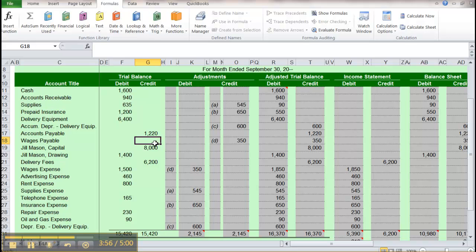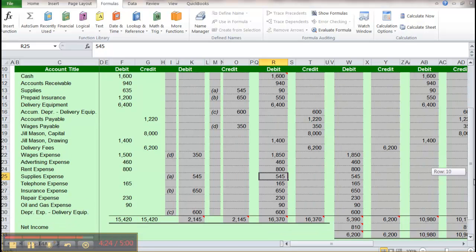Wages payable, nothing, so 0 plus $350 credit gives us a $350 balance. Okay, so then we go down to our expenses. Expenses have a debit balance, and so it's like dealing with negatives. Like signs you add, opposite signs you subtract. So debit and a debit I'm going to add. These two here, it was 0 plus the adjustment, which gives us the new balance.